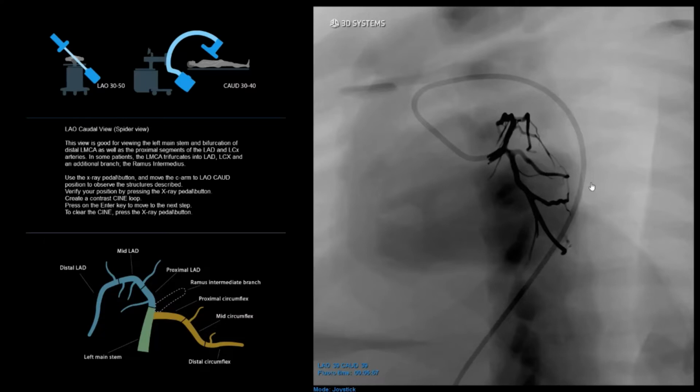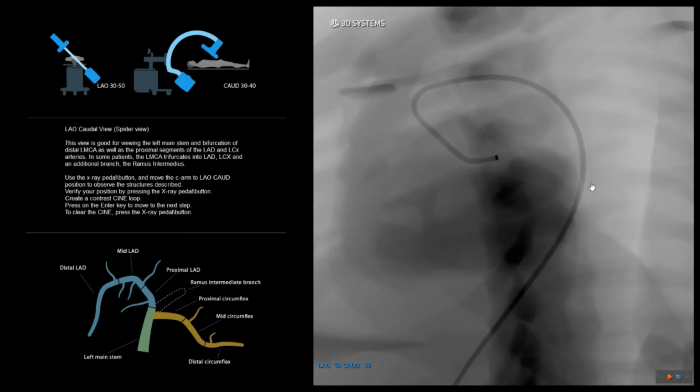You can also see the origins of the marginal vessels from the circumflex, but you may not see the very tips of the circumflex marginals in this view. This is primarily a left main view, and the proximal LAD and circumflex can be very well visualized.